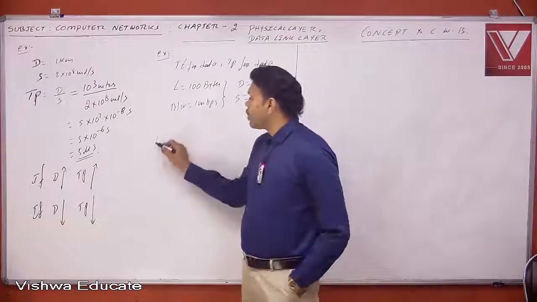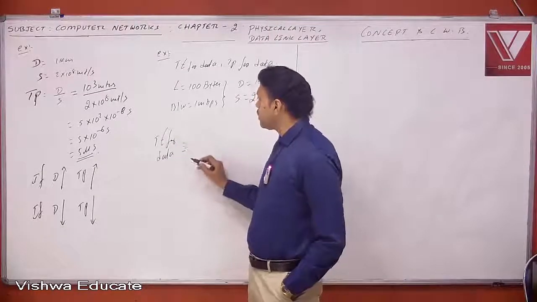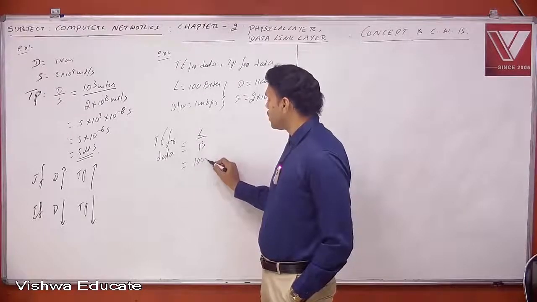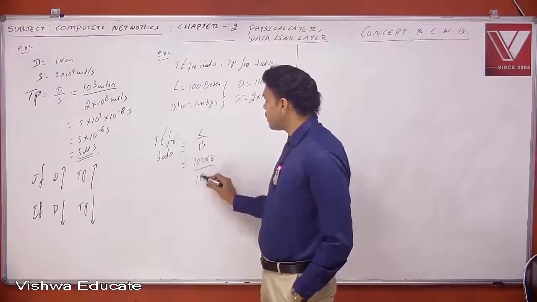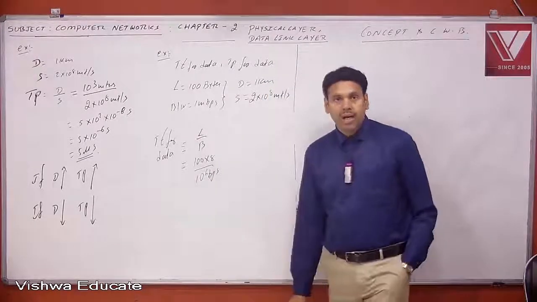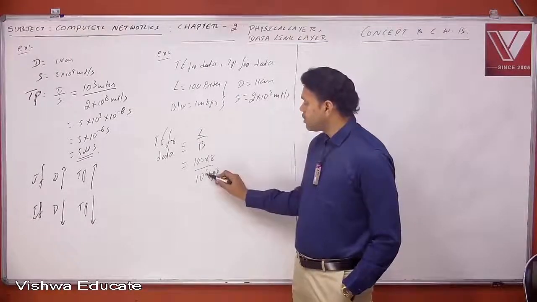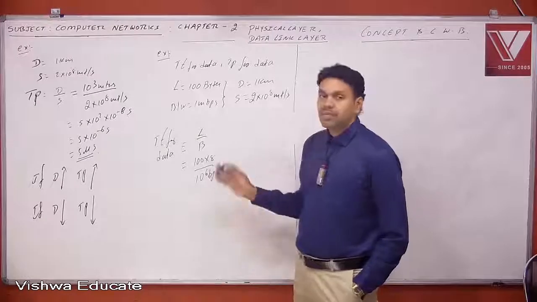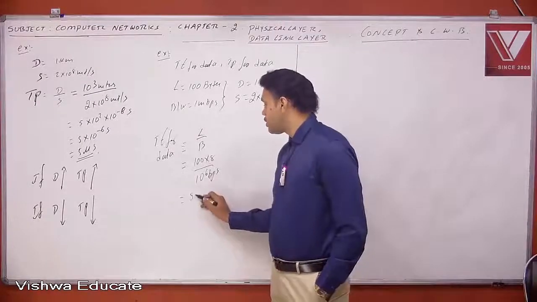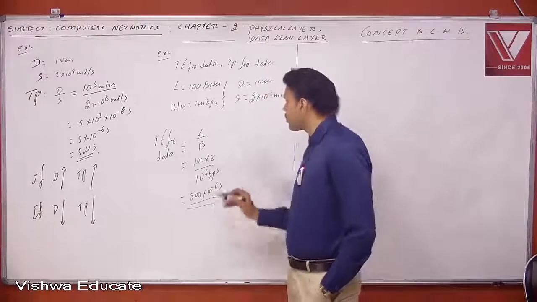So what is the TT for data? TT for data equals L by B equals 100 into 8 divided by 10 power 6 bps. You know why I did into 8, because it is in bytes, this is in bits. That's why there is a need of conversion of bytes into bits. So it is altogether 800 into 10 power minus 6 seconds.